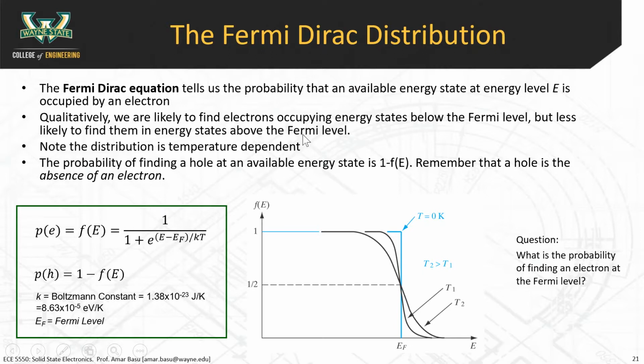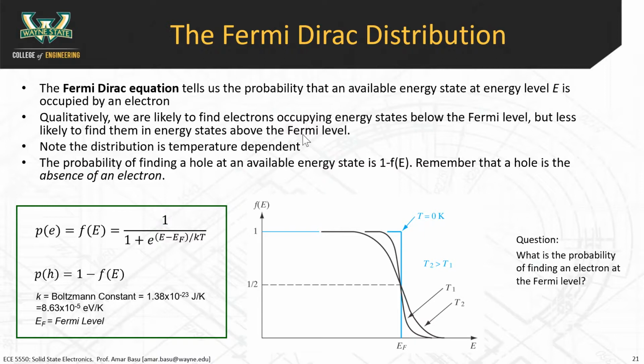Qualitatively, we are likely to find electrons at energy states below the Fermi level, and less likely to find them at energy states above the Fermi level. If electrons are most likely to be in a low energy state, that means the low energy states are filled, and the high energy states are all empty. So there should be something in the middle where the probability is 50%. The Fermi function says that at low energy states the probability of finding an electron is 100%. It's full. The lower the energy state, the more likely it is to be full.